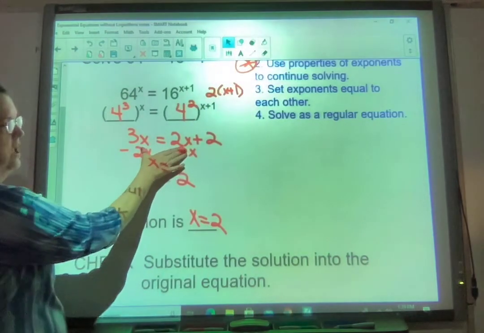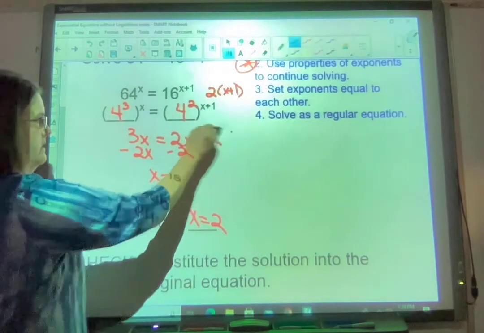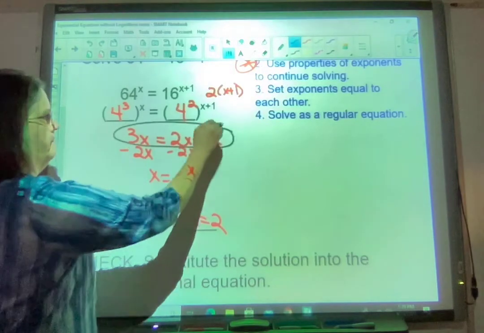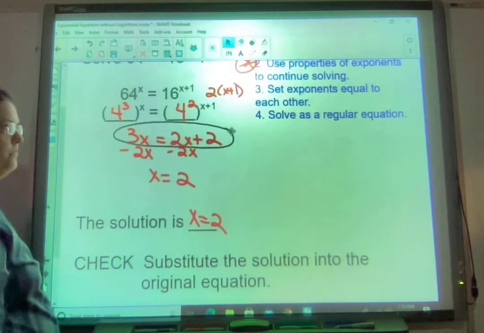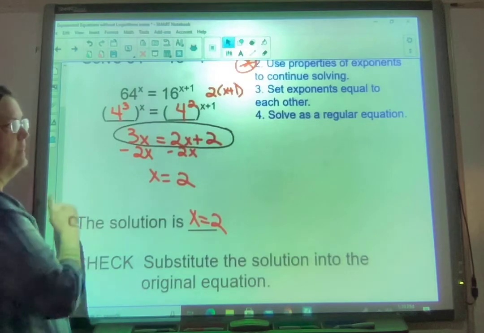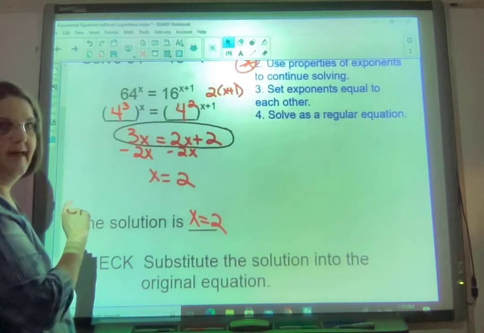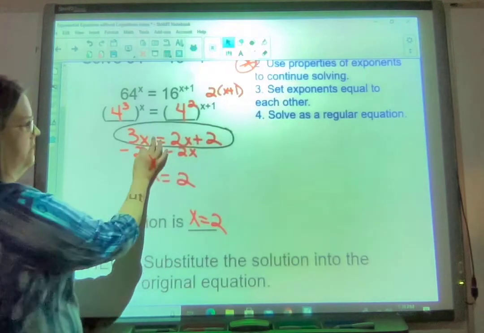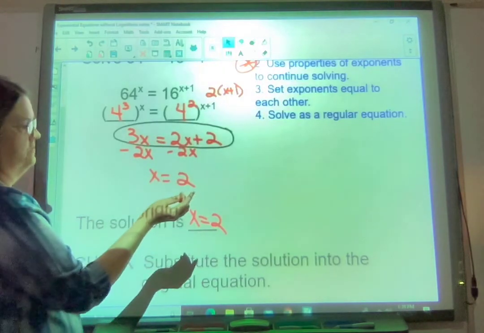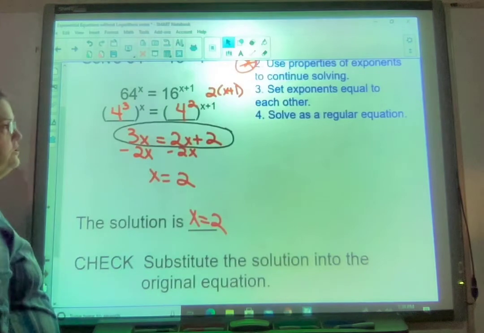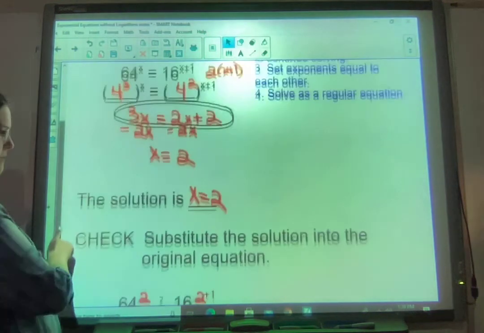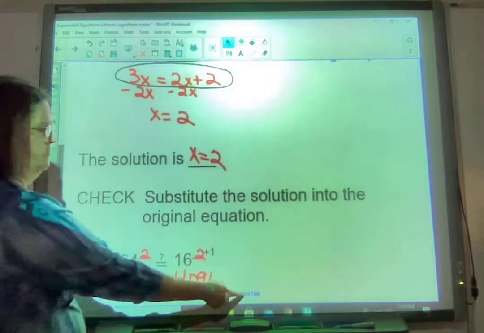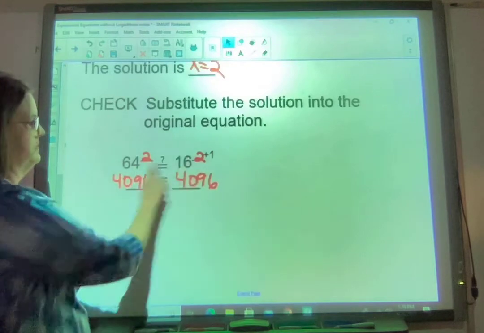So then I solve this. This looks just like an equation that you would have seen in pre-algebra in the 8th grade. So then I just move the 2x over here, and I get x is equal to 2. So my solution is 2, and I would substitute that back into the problem for x to be sure that I got the same thing.